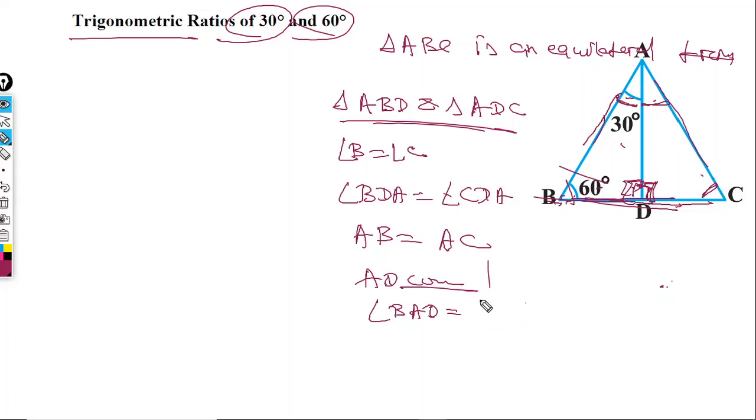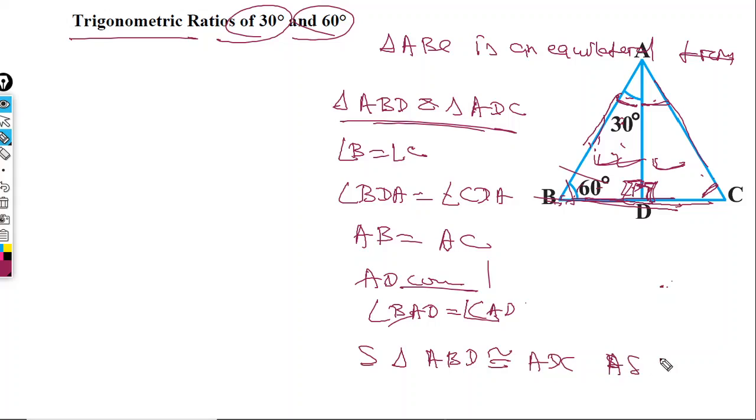Now therefore these two triangles will be congruent, and the criterion for congruency is angle, side, angle. So triangle ABD is congruent to triangle ADC.